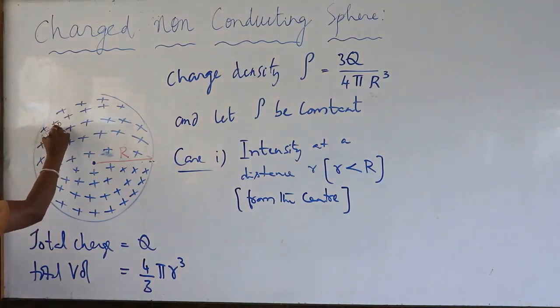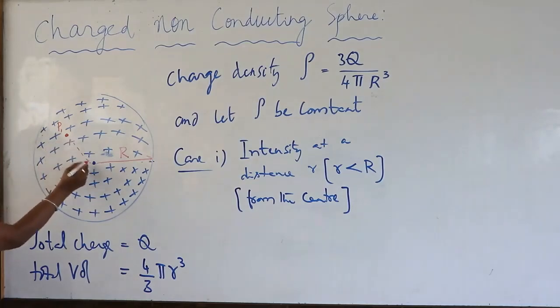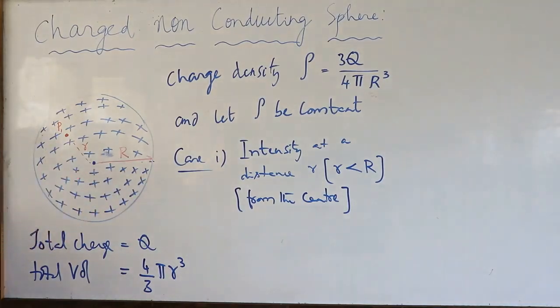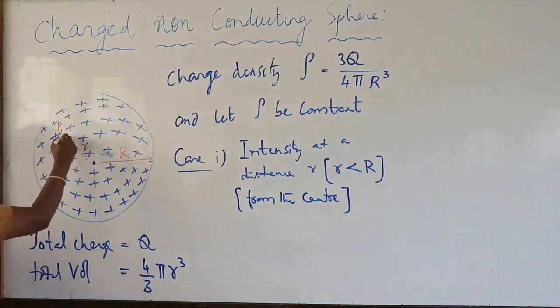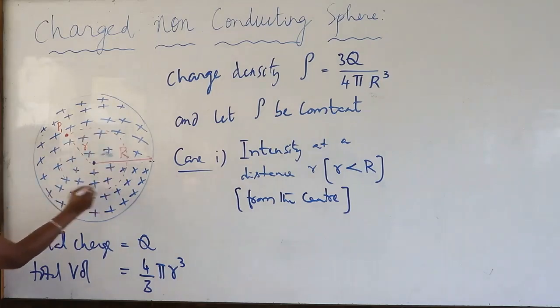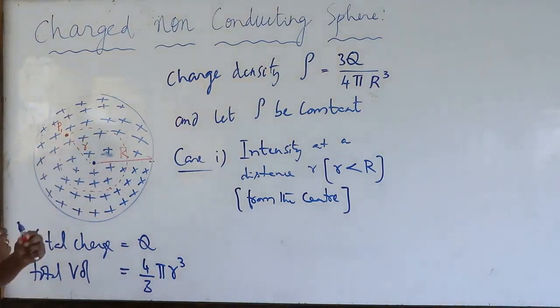I call this P1, which is inside the surface, and this distance is small r from the center. Now the question is the Gaussian surface. So now this is a sphere of radius small r.